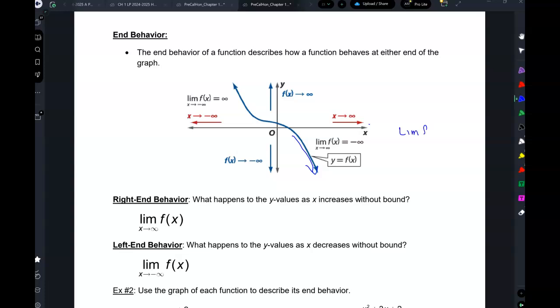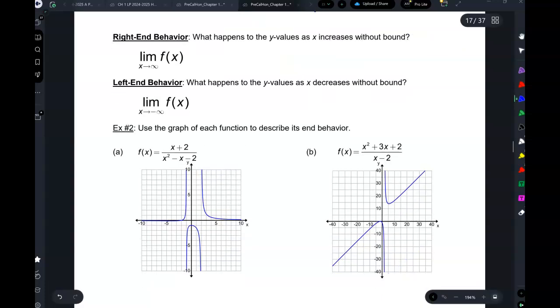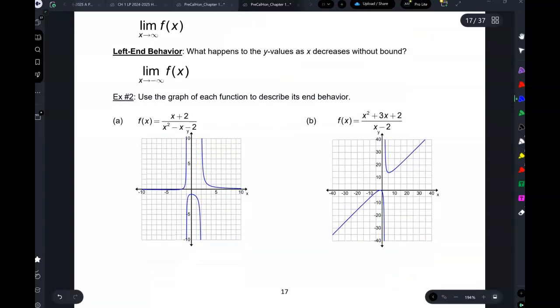So I just say the limit of f of x as x approaches infinity is -infinity. Yeah? And then here, the limit of f of x as x approaches -infinity is +infinity. Okay? All right. So take a look here.